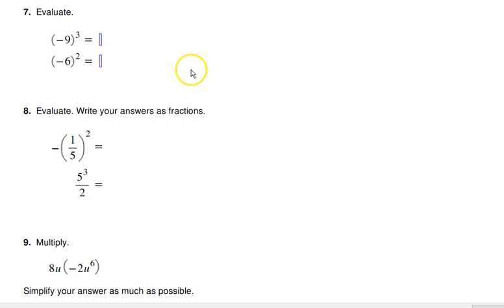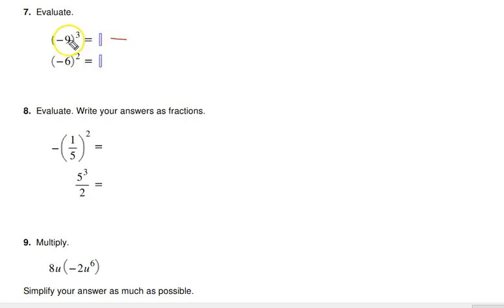Now we'll have a few short answers and just review technique. Now in parentheses we have a negative 9 raised to the third power. So we said anytime a negative value within parentheses is raised to the third power, the answer is going to be a negative something.